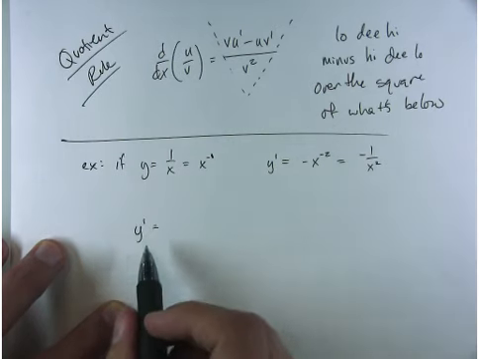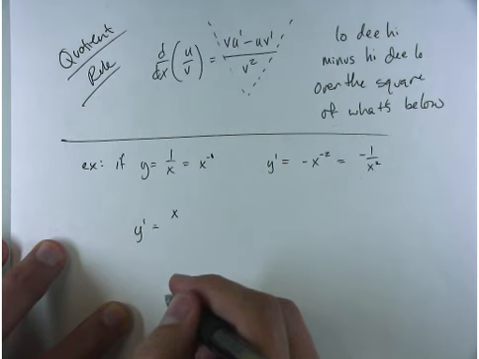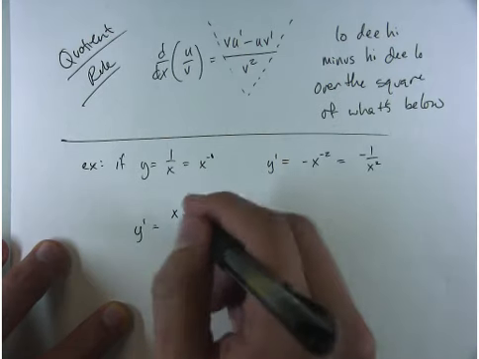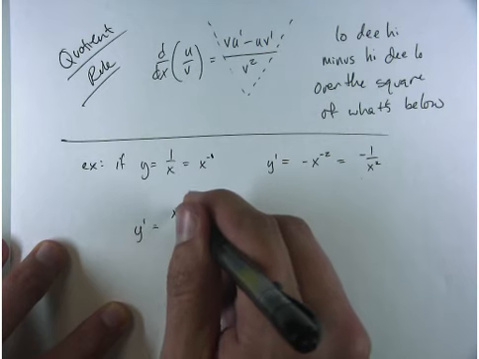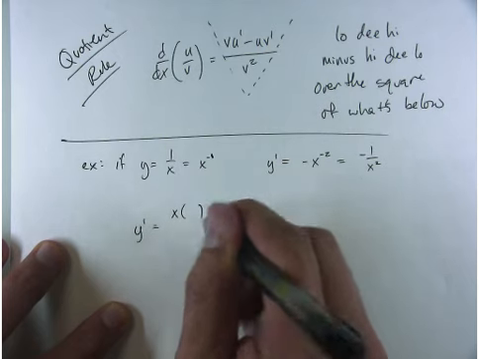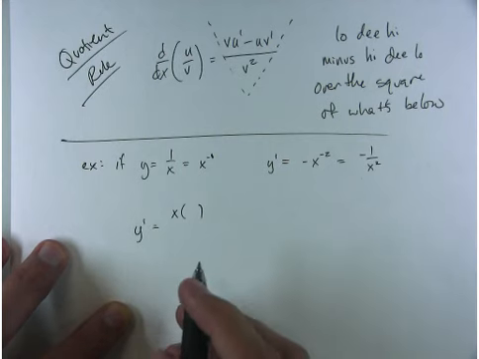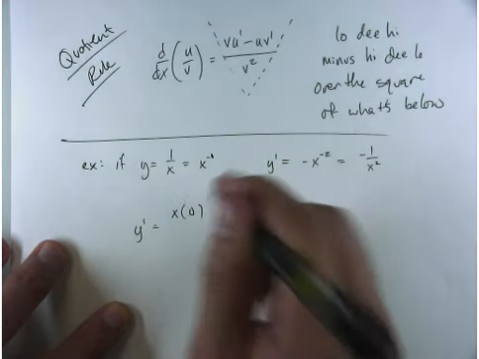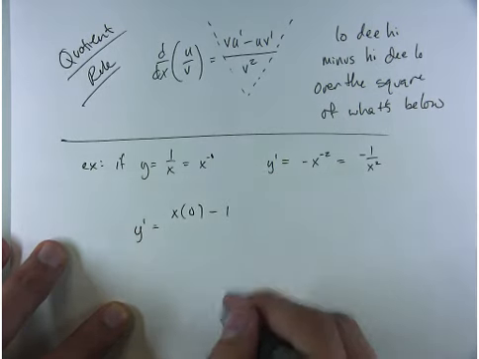All right. So y prime is low. That's the bottom. D high. So the derivative of the top. What's the derivative of the top? The derivative of 1 is 0. It's a constant. So x times 0 minus high, that's 1, d low.